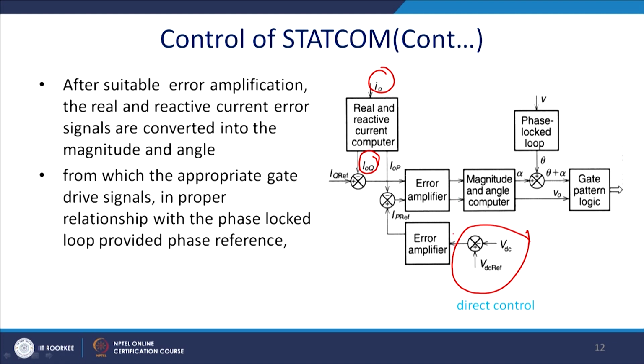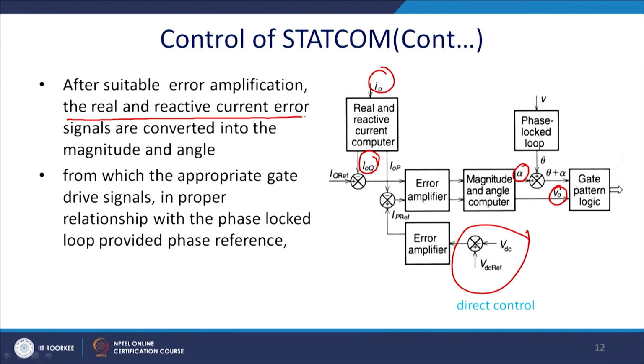Generally, it is a different error amplifier, and the output of this is fed to the magnitude and angle computing block of this processor. From there, it will generate alpha and V0, and alpha will be added up with the PLL. So, effectively this angle will be theta plus alpha, and that will be fed to the gate signal logic to fire up the GTOs or IGBTs.